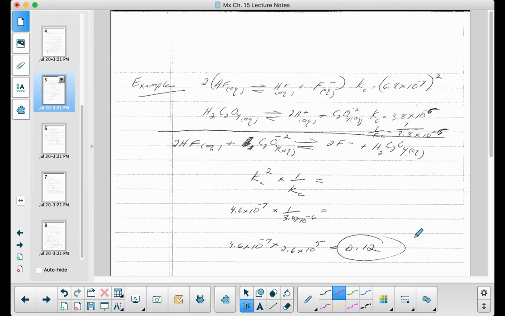Back to part 4. So this is an example of the steps in the reactions and how to calculate K for the third additive step.